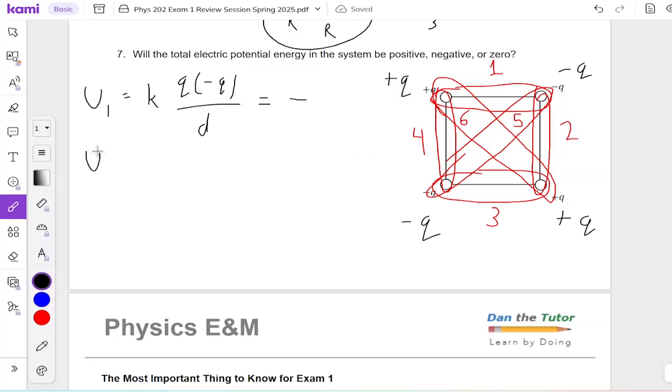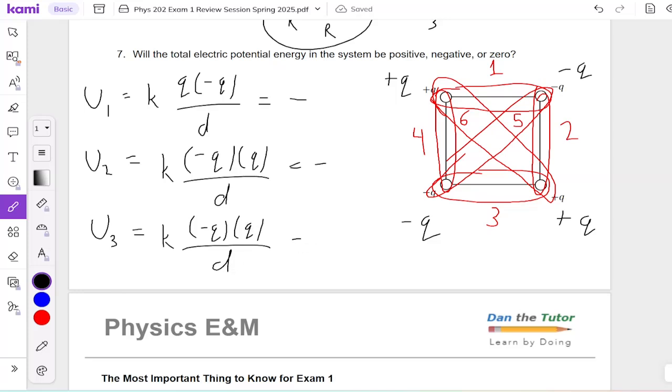Then looking at 2, that's going to be K, the two charges are negative Q and positive Q over the same distance d. Again, this will be negative. Next I have 3, which is K, negative Q and positive Q again.